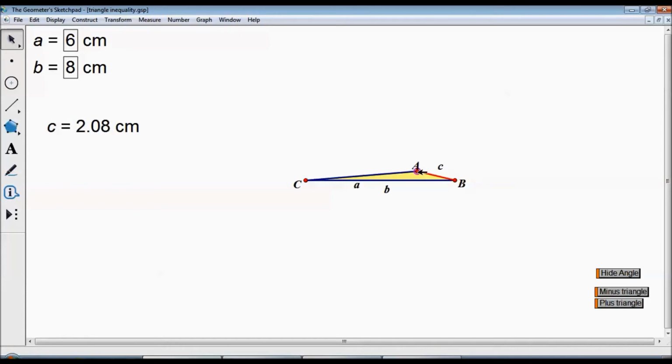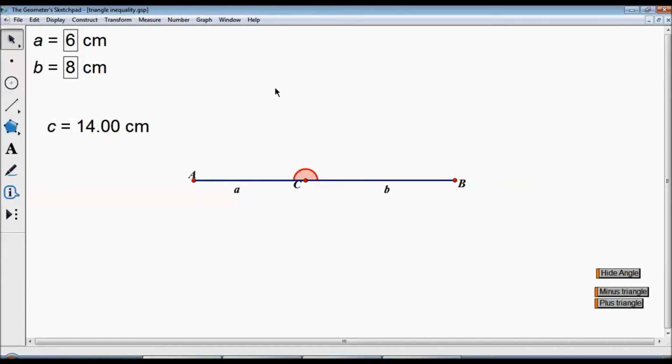On the other hand, if I make that angle bigger and bigger, that line segment gets longer and longer. And at this point, it's longer than it was when we started. And the question is, is there an upper limit for how long that third segment can be? And of course there is, because if I make that angle 180 degrees, I've made it to the point where these 3 points are collinear and they don't make a triangle anymore.